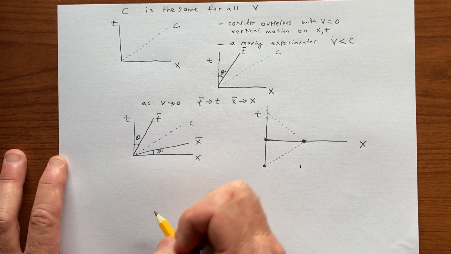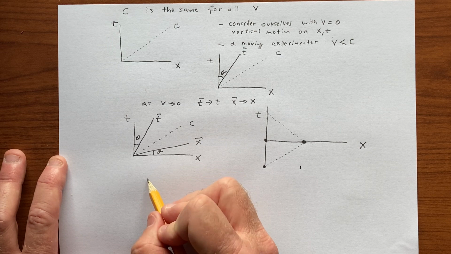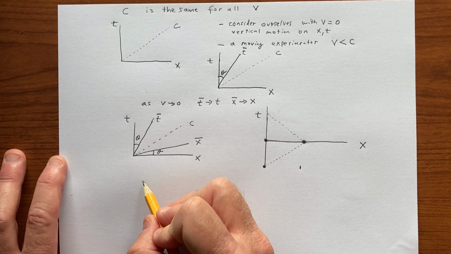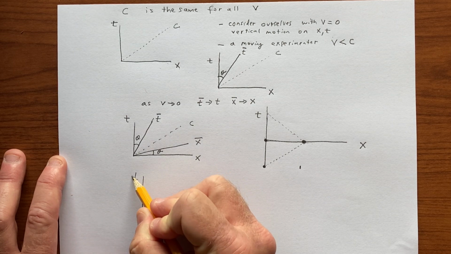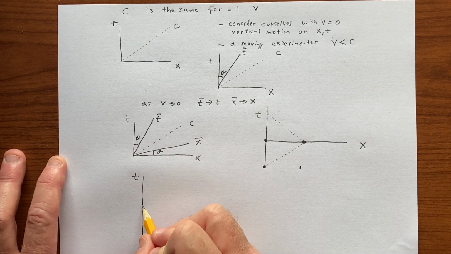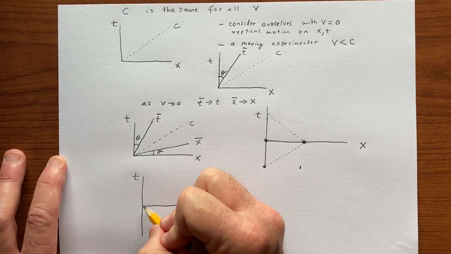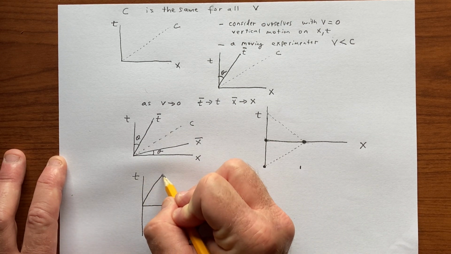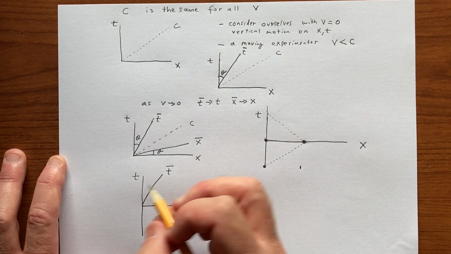But if we think about this from the perspective of the moving observer, then here's t and x, and we argue that this is t bar for the moving observer.